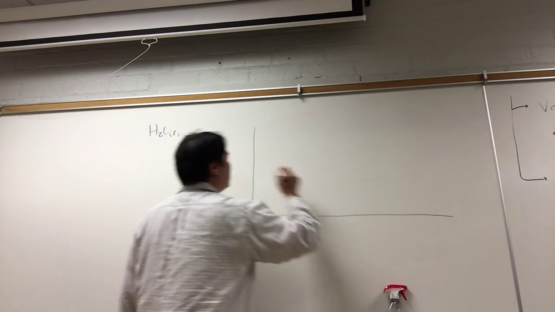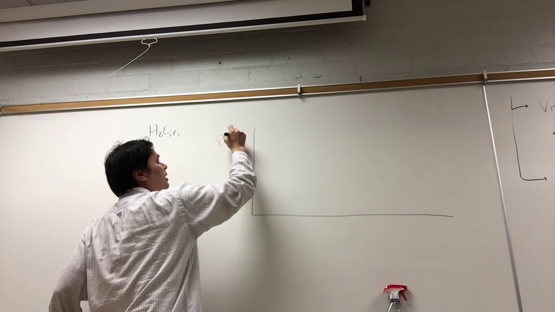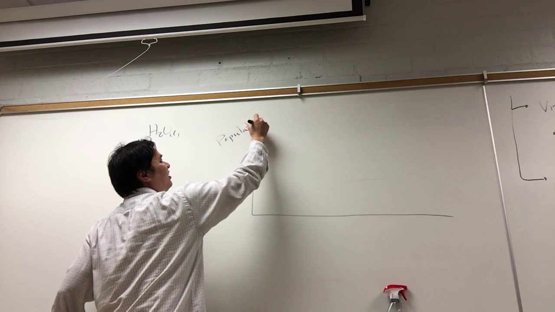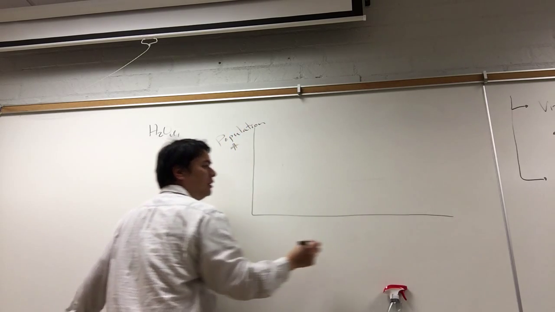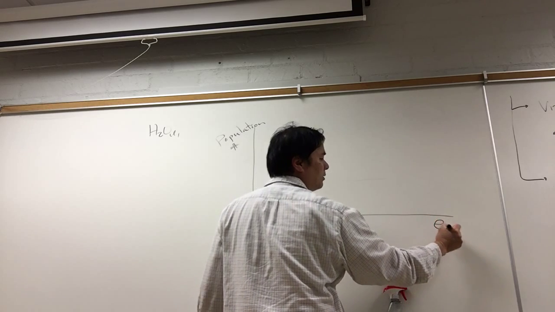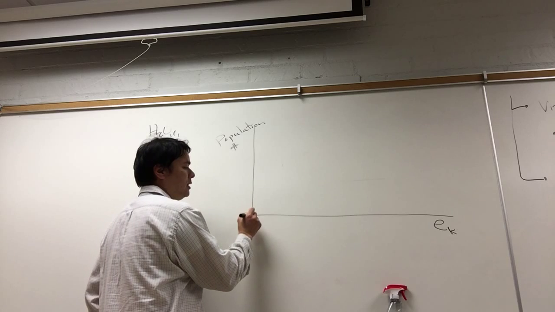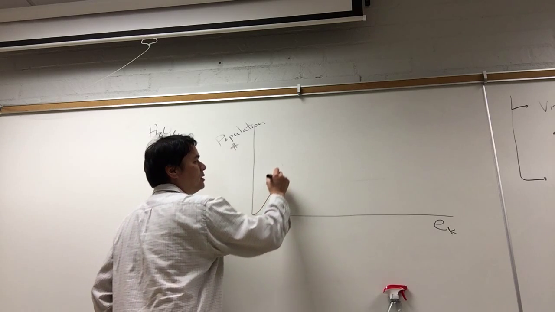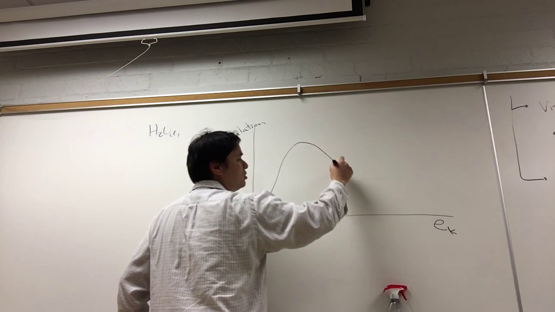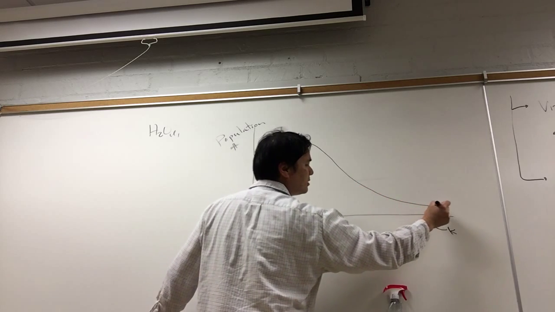And so if we make a plot, on the y-axis we'll plot out population or number. And on the x-axis we'll plot out the kinetic energy. What we'll see is at 25 degrees C, the population is going to show a distribution like this.